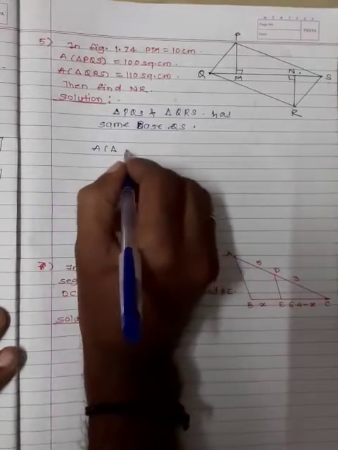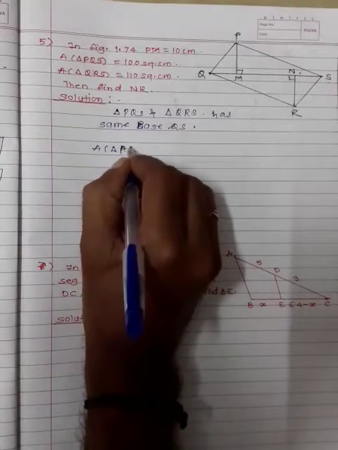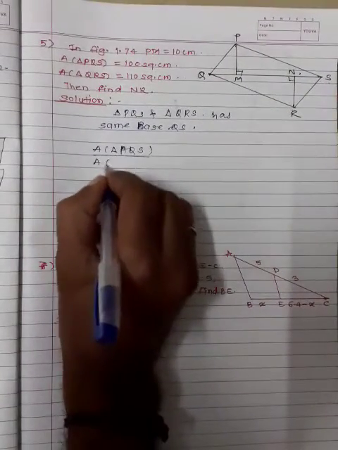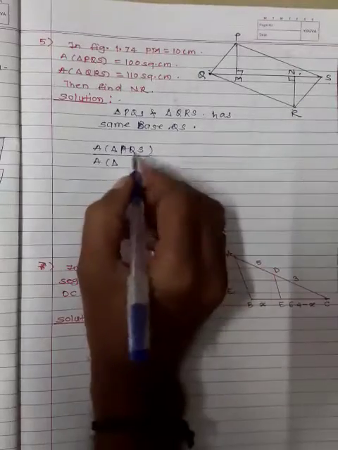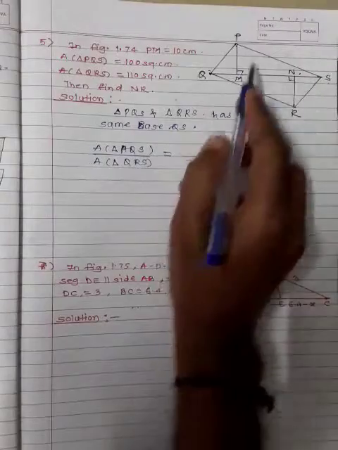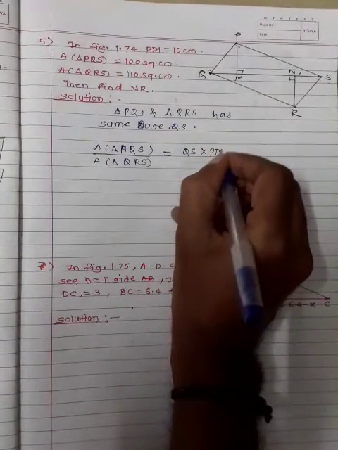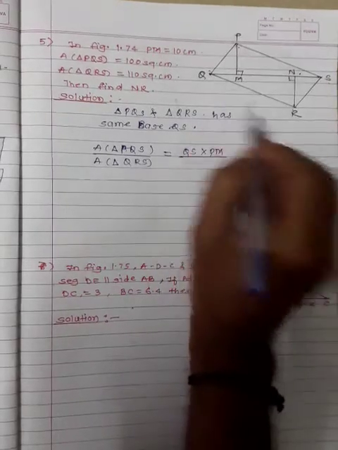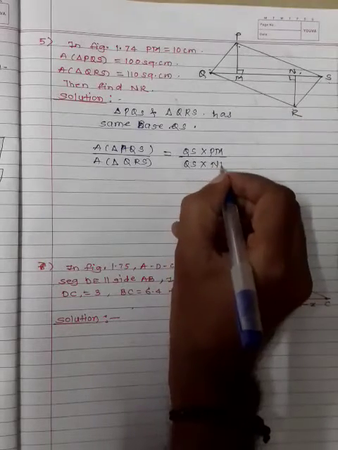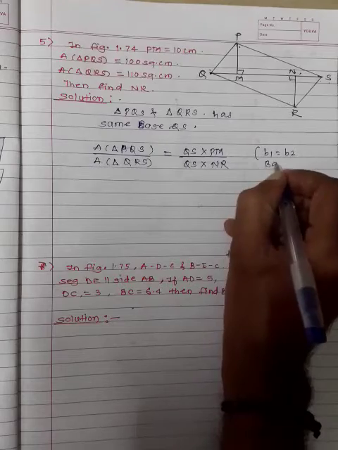Area of triangle PQS upon area of triangle QRS is equal to base QS multiplied by height PM upon base QS, height NR. Base one is equal to base two, the base is the same.